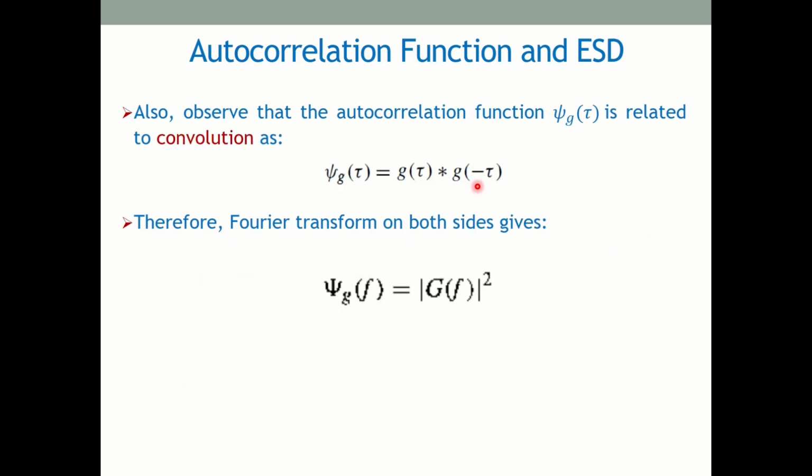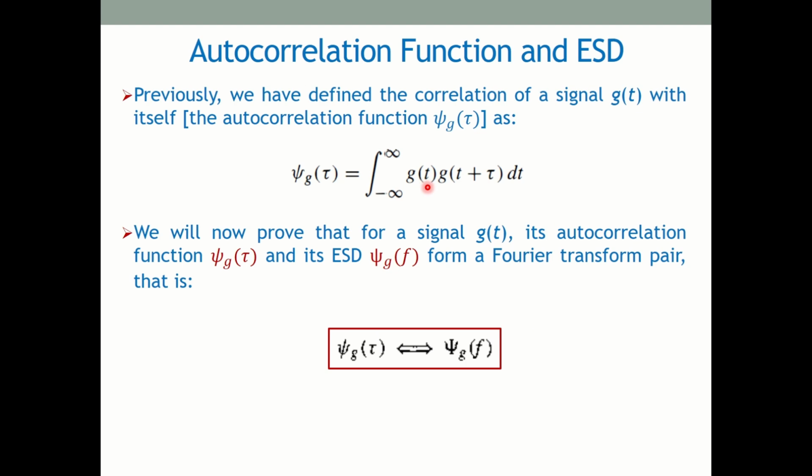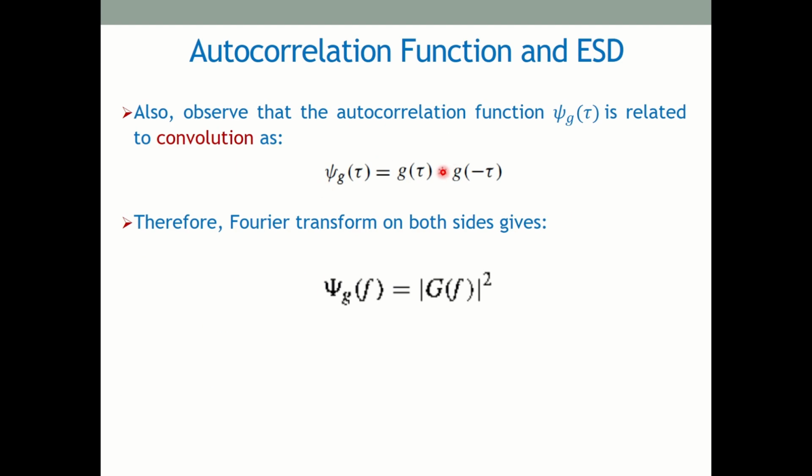So in this expression we will replace this tau with t plus tau, and when we replace this tau with t plus tau, we are left with g(t) only. This means that the autocorrelation function is the convolution of g(tau) and g(-tau). This can be simply proved by substituting values in the expression for convolution.